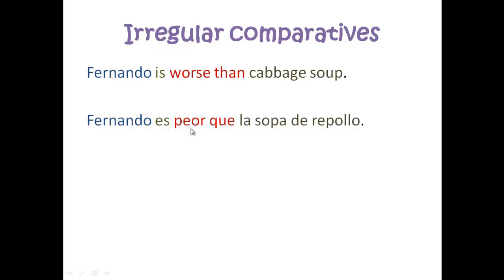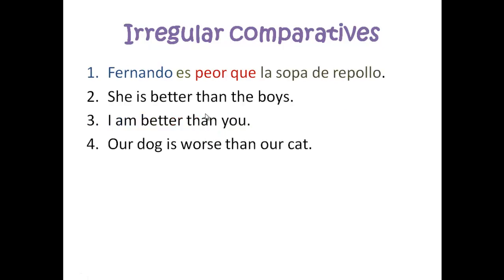It doesn't agree. It stays as peor. Fernando es peor que la sopa de repollo. We don't have any adjective that sits in between the two. We don't have a más or menos. It's just replaced with peor que. Nice and easy. All right, go and have a go at the next 3 and see how you do.